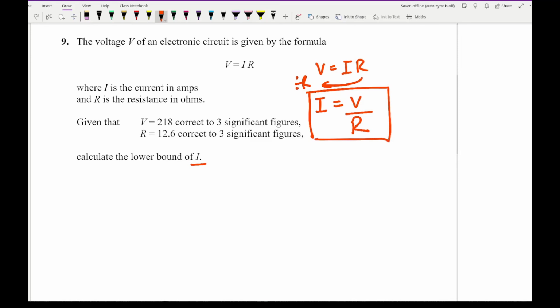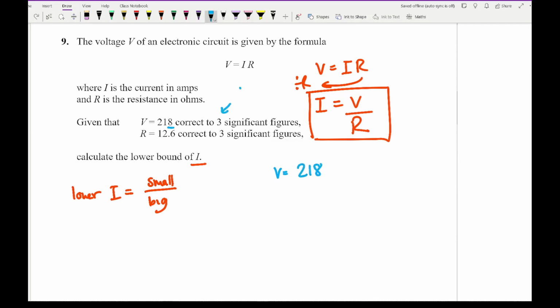Now if we want the lowest possible I, the lower bound of I, that's going to mean that I want the smallest number at the top and the biggest number at the bottom. So looking at my limits of V, V is rounded to the nearest unit, which is what the third significant figure is. So it's going to be 218.